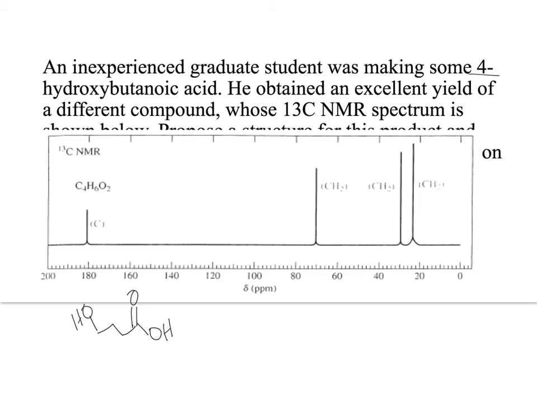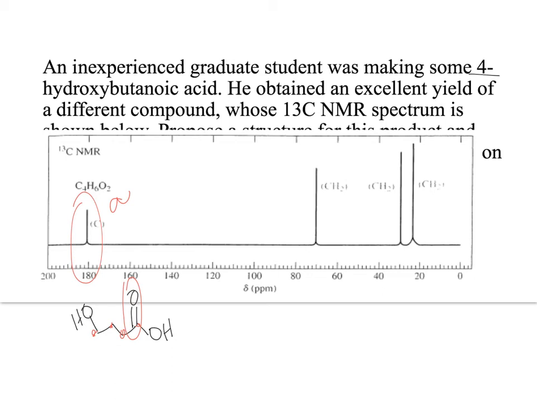This is the 4-hydroxybutanoic acid. Got another compound, and this compound here would have 1, 2, 3, 4 carbon peaks, but this is different. And this peak here, we'll call A, is different. Is definitely the carbonyl peak. Okay, it's around 180 ppm.